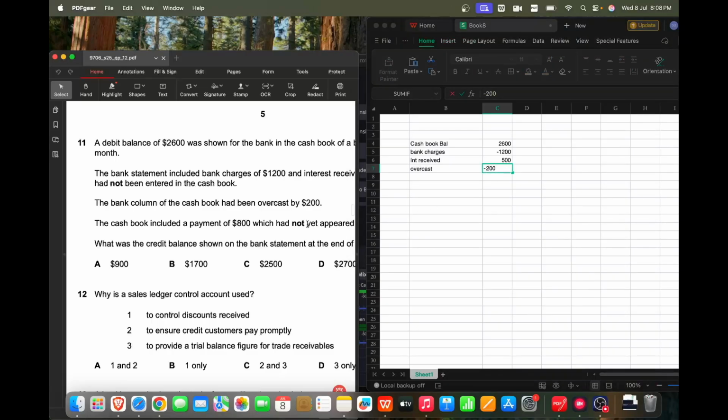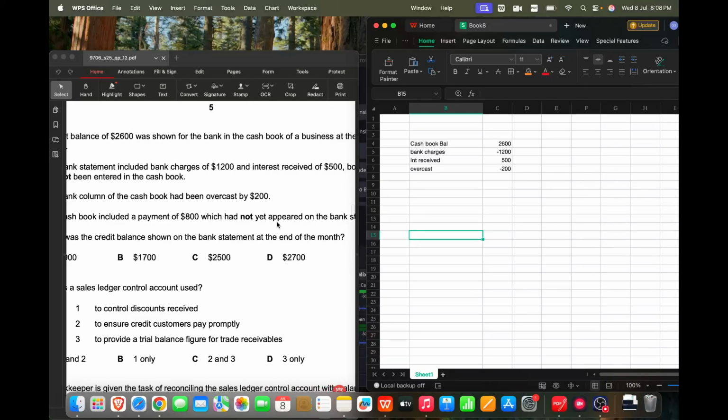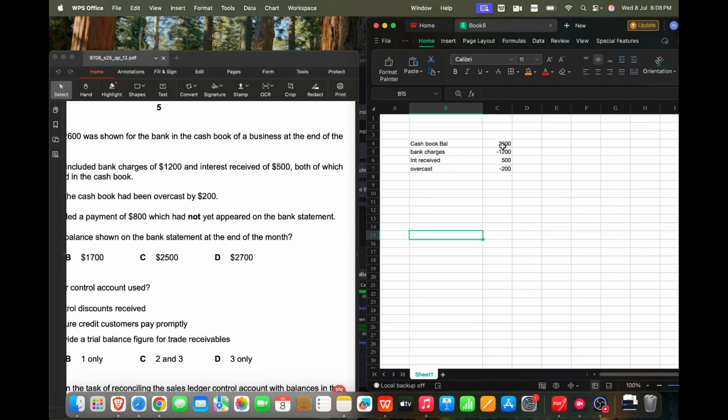And then finally it says the cash book includes a payment of 800 which had not yet been presented on the bank statement. So when I wrote this 2600, I subtracted 800 against the payment. But this payment has not yet appeared in the bank statement. That means when we calculate, the bank says that 800 is not deducted yet from your account, so we'll add back 800.